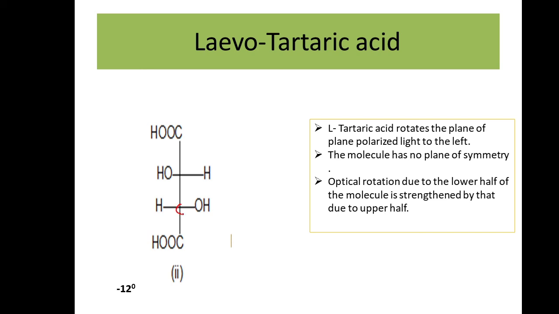That means if this part rotates the plane of plane polarized light towards the left, the upper part also rotates the plane of plane polarized light towards the left. As a result, it shows a minus 12 degree rotation towards the left.